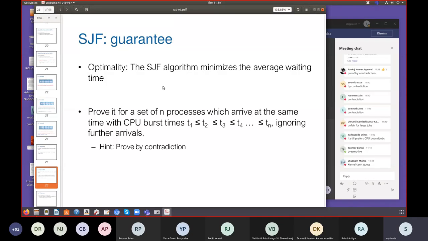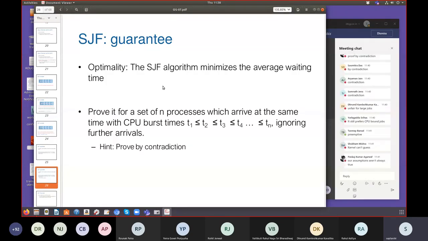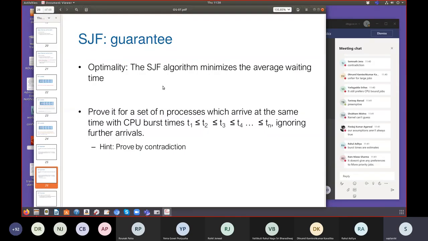Okay, Drumil has an interesting answer: unfair for large jobs. Yes, true. That is a very philosophical question, sure. Unfair for large jobs. And again, I was telling this briefly yesterday that there is a concept of fair scheduling.